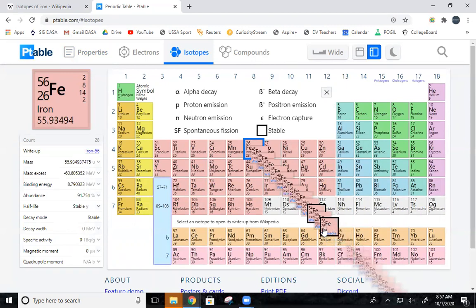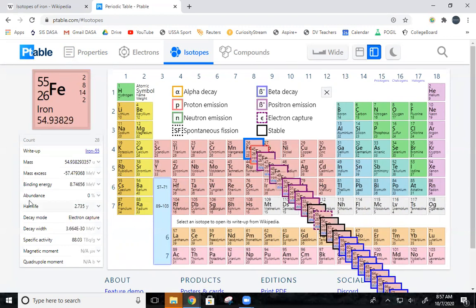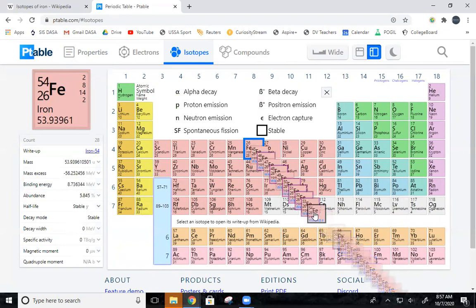So 56 is the most common, right? You can see on the left here, you can see abundance, right? So 54, 56, 91.754. 55 is 0%. Then 54 is 5.845%. And this is crazy. That is a weird way to do it.